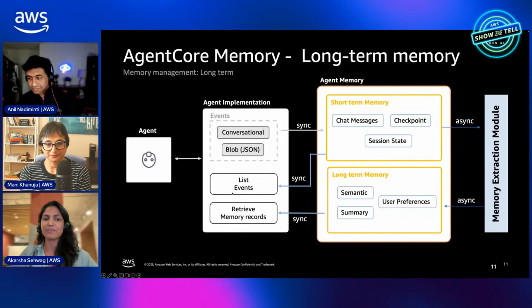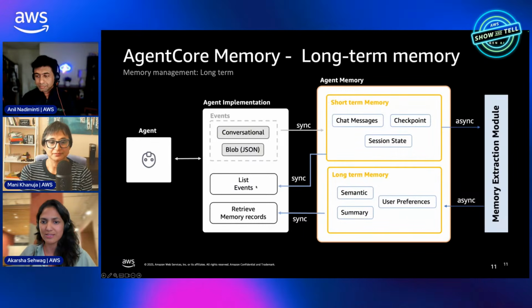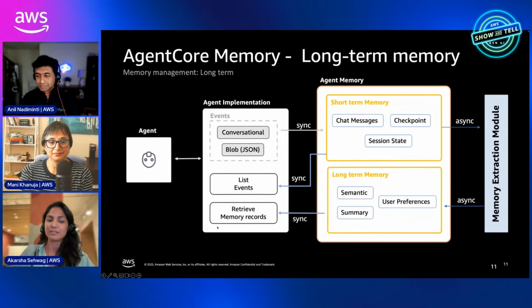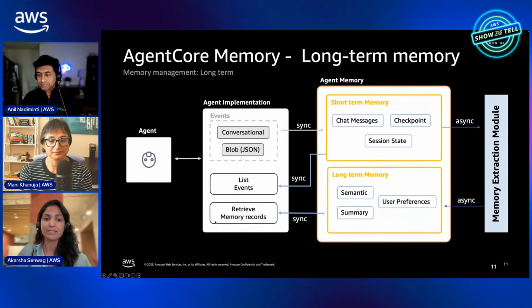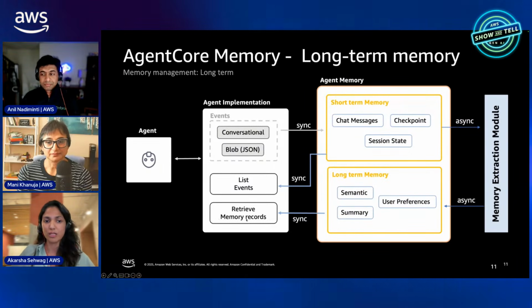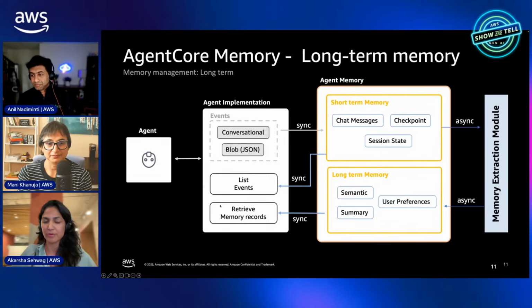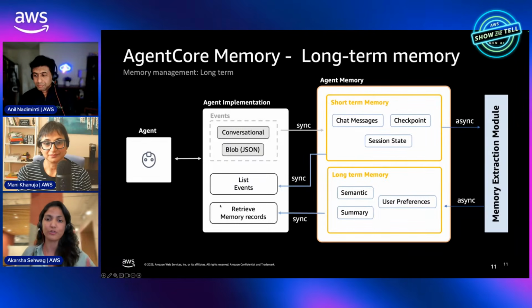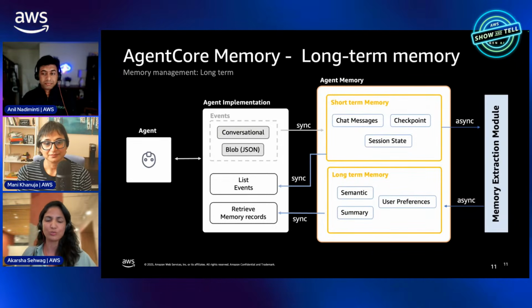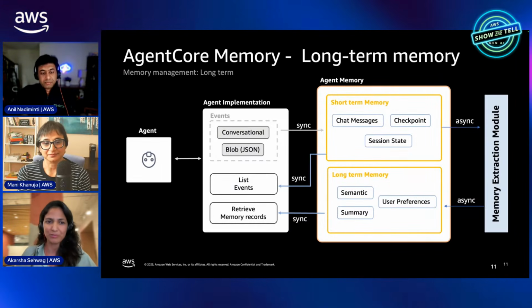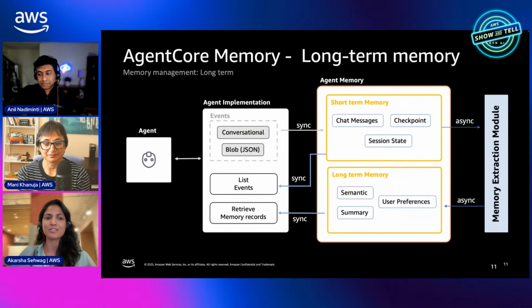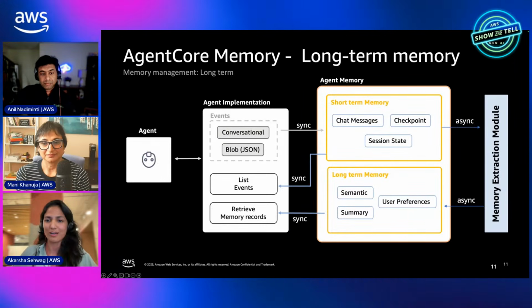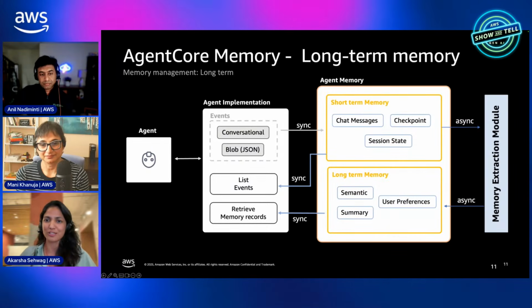So let's say the last 5 messages that you get through list events, and then you get the relevant user preferences or the relevant summary of that session from the long-term memory. So you can combine that and therefore compress the context of the agent to more or less like 60-70%, and still get good quality responses, equally good responses as you would if you provided the entire context history.